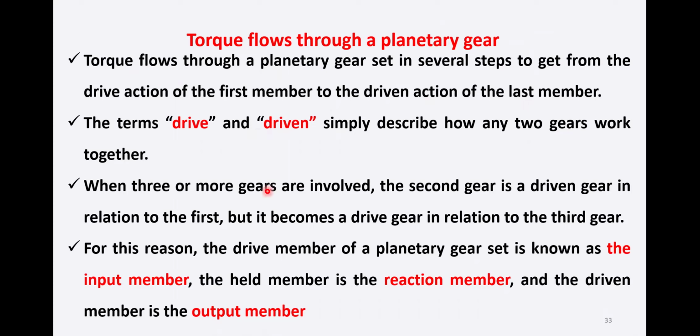When three or more gears are involved, the second gear is a driven gear in relation to the first gear, but it becomes a drive gear in relation to the third gear. For this reason, the drive member of a planetary gear set is known as the input member, the held member is the reaction member, and the driven member is the output member, as already explained in the initial slide.